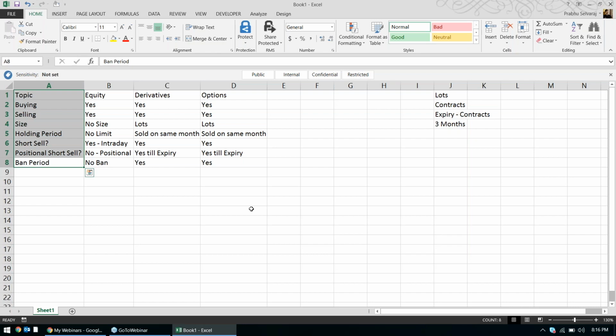It will not be allowed. If you short it, you have to short only futures, FNO stocks. That's why we always say, do not go for STBT. Always go for BTST.